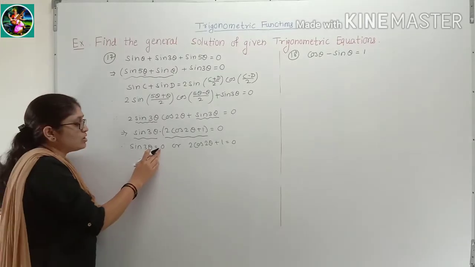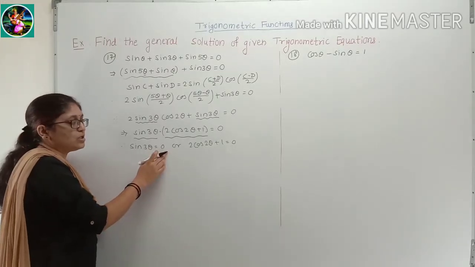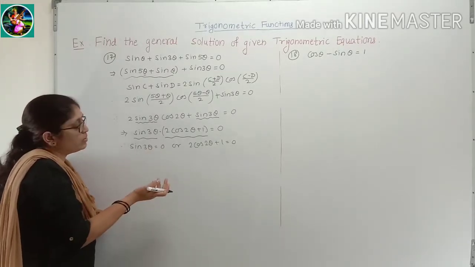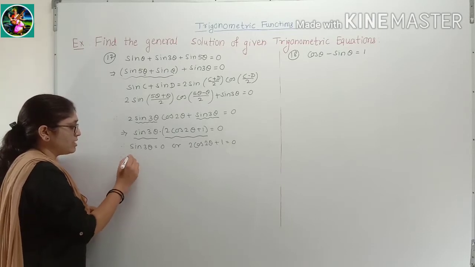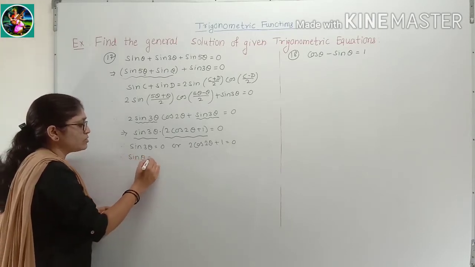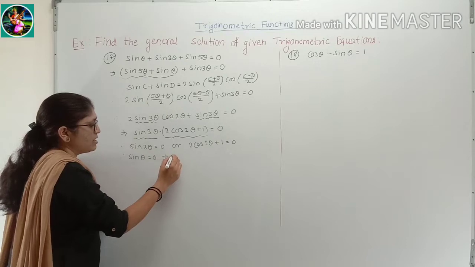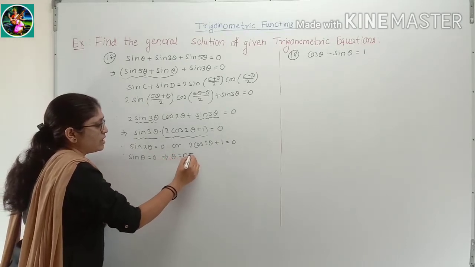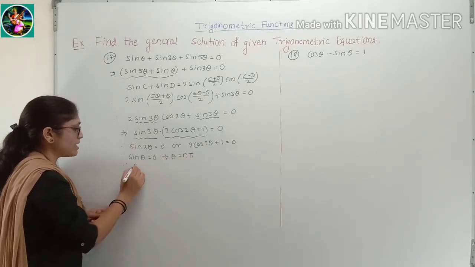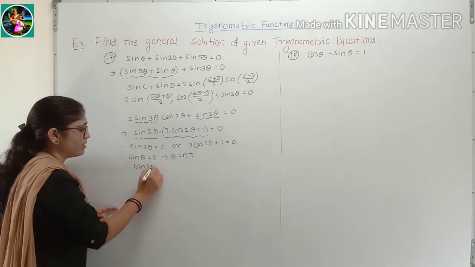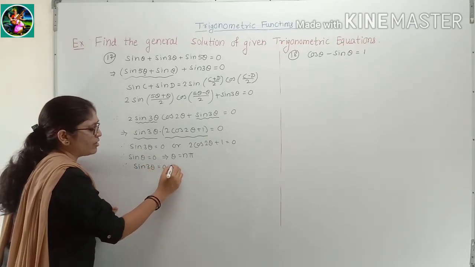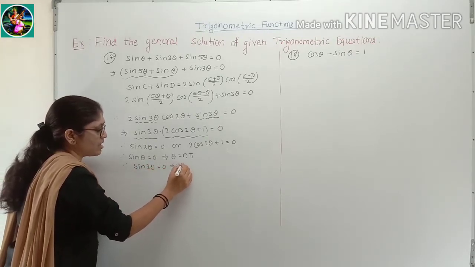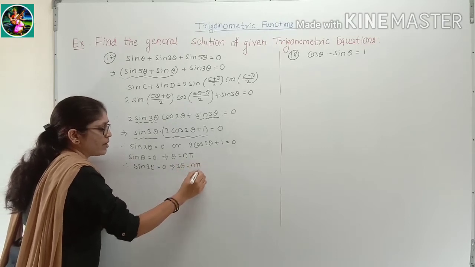We know the solution for sine theta is equal to 0, that is theta is equal to n pi. Therefore, sine of 3 theta is equal to 0 implies 3 theta is equal to n pi.